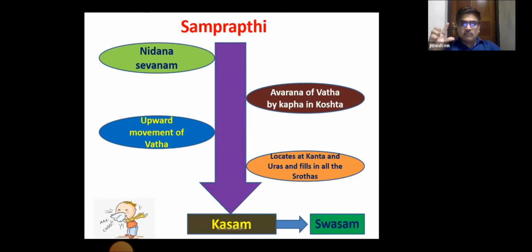So here this is the important one. The avarana of vata. The first one is nidana sevana, that is dhumopagata, raja, vyayama, ruksha anna nishevana. Even though the symptoms we get during kasa or swasa are more or less similar to kaphaja roga, isn't it?